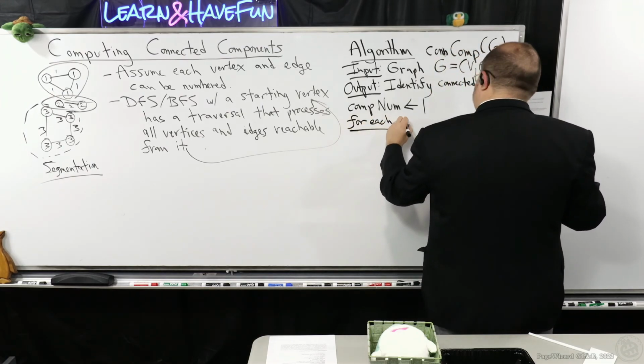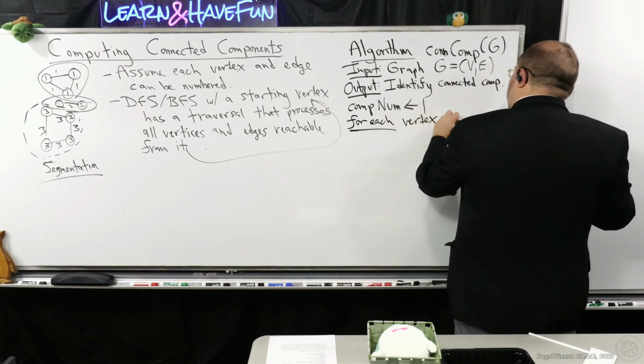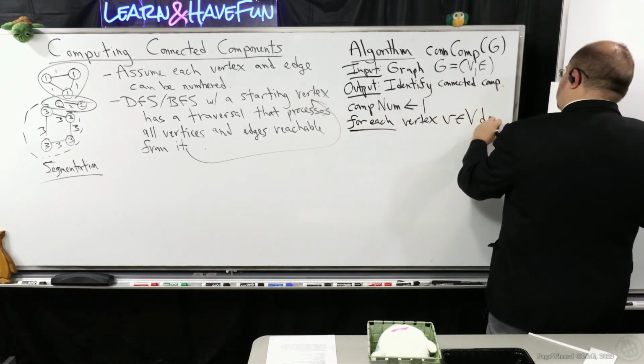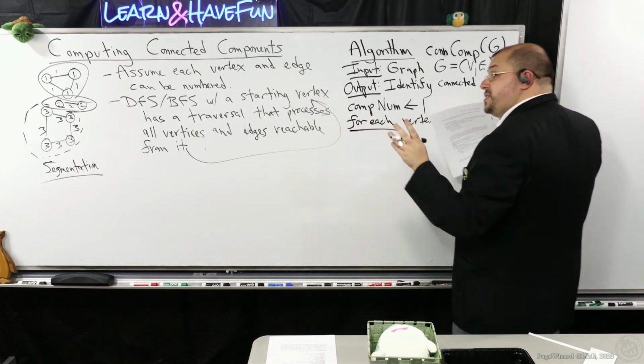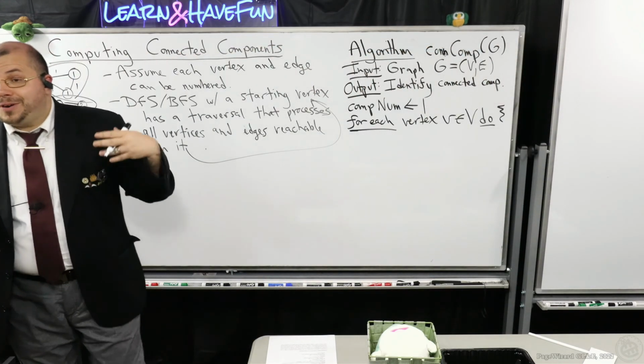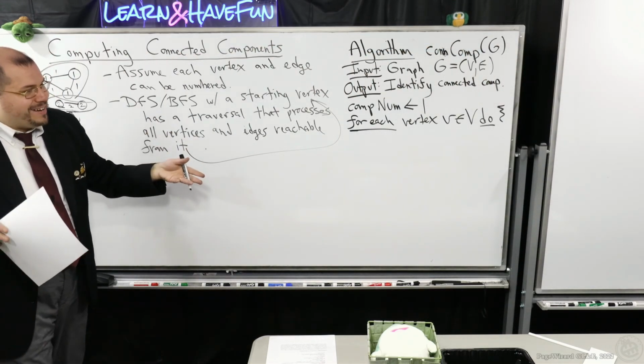For each vertex v among the set of vertices, we're going to do the following. We're going to check if v is not marked. If it's not marked, what did we say? It means that there's another connected component out there.